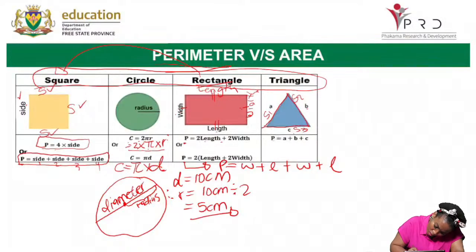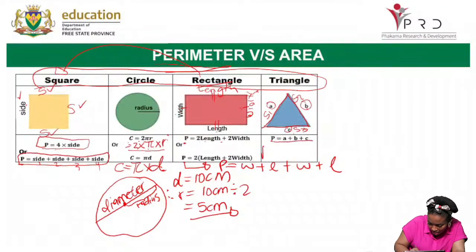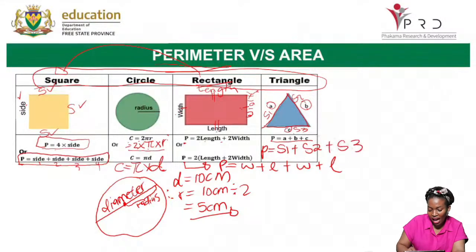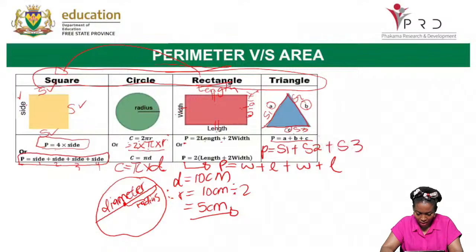Meaning that perimeter is equal to side A plus side B plus side C, as it is shown here. Or you can just say perimeter is equal to side 1 plus side 2 plus side 3. This is how you can calculate the perimeter.